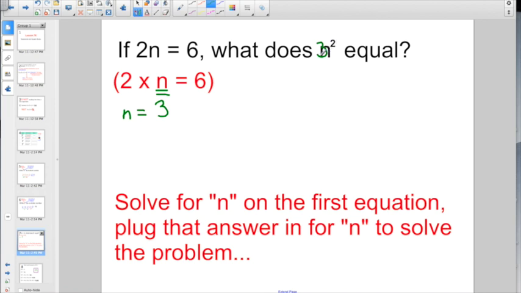N squared, 3 squared. 3 times 3, right? Because 3 is the base. The exponent is 2, so I'm going to multiply 2 3's together, and that's going to give us 9, right? Not too tough so far if you remember the basics.